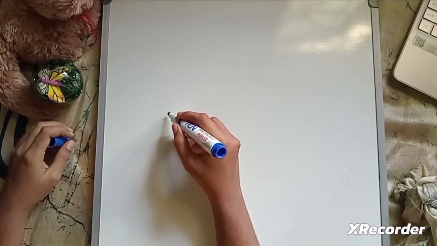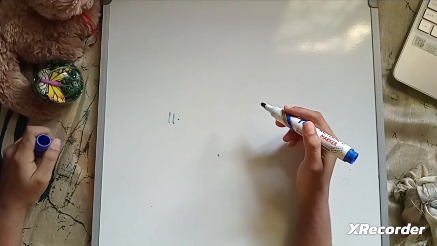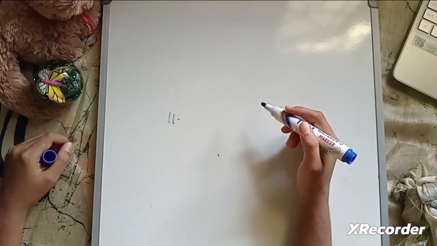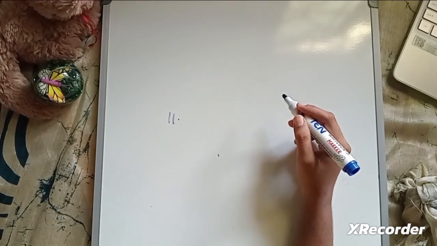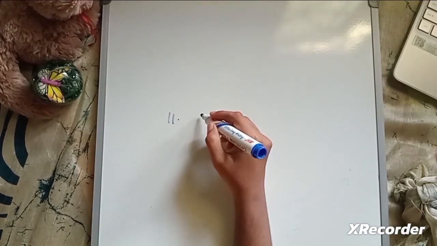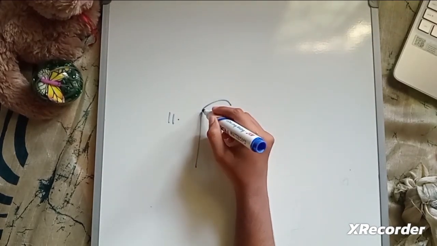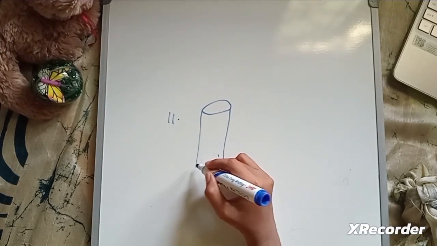Then question number 11. The area of the curved surface of a right circular cylinder of base diameter 14 centimeter is 352 square centimeters. Find the height of the cylinder. You know that a cylinder is an object like this.